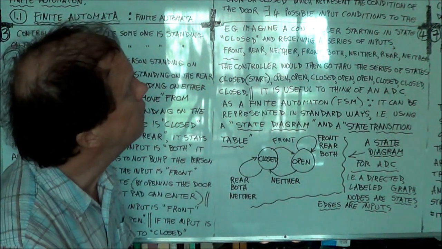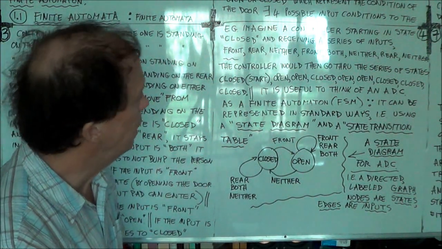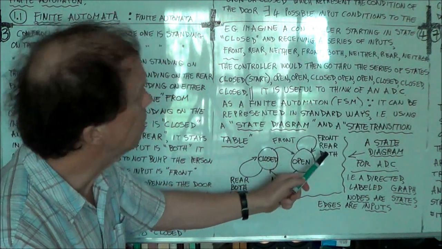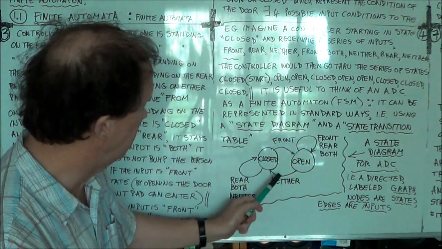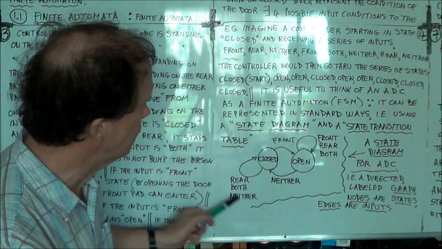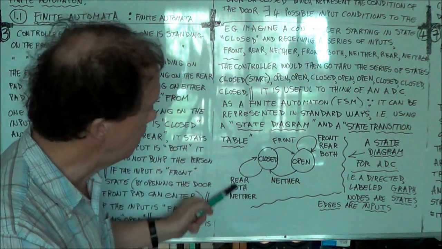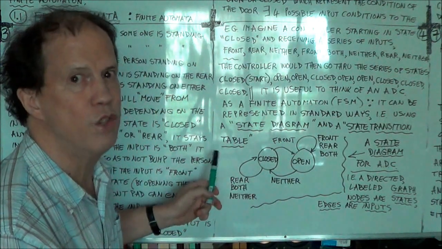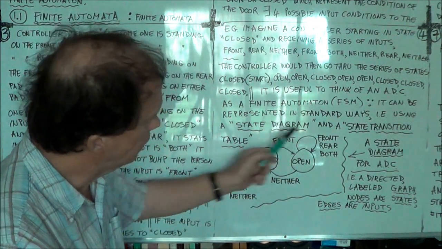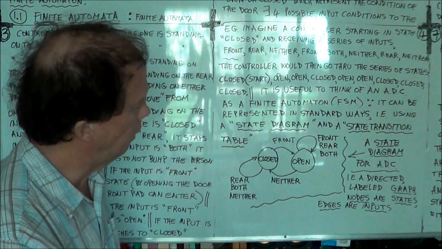Now, next session, there are 8 transition rules, implicit, not explicitly stated, but deducible from this state transition diagram.